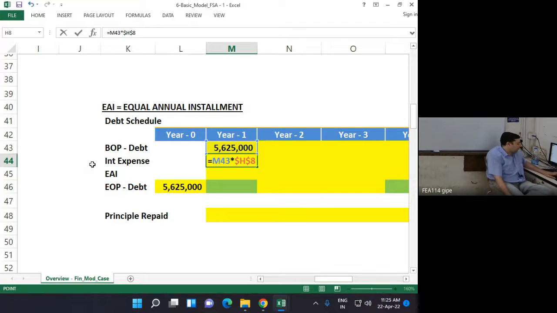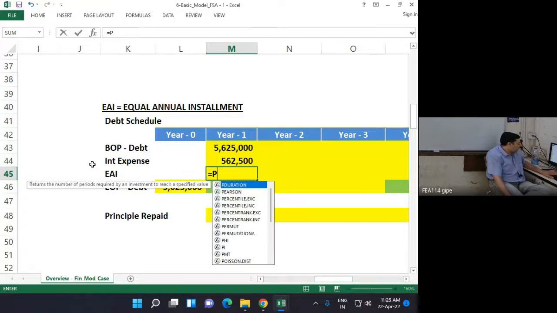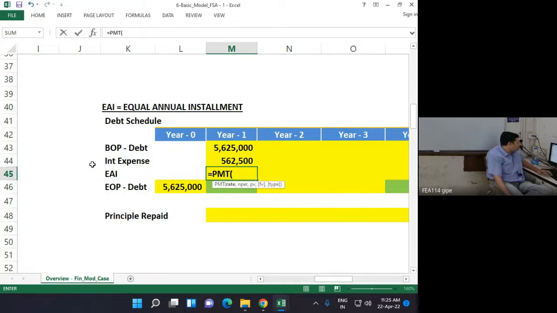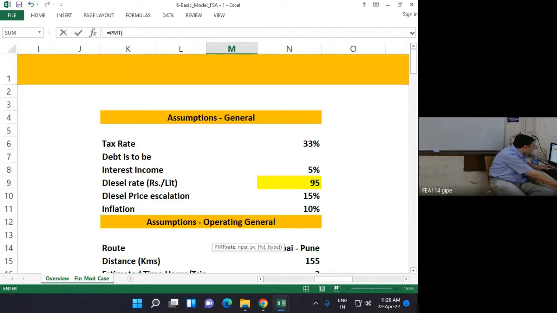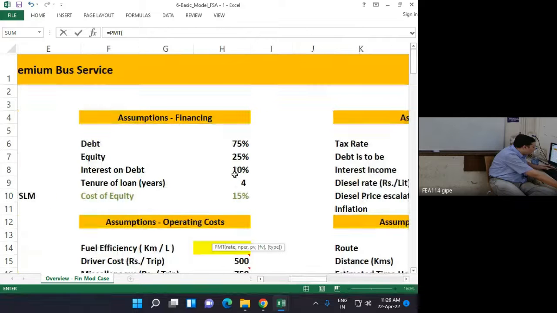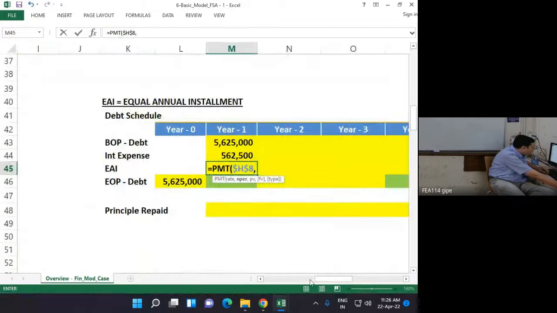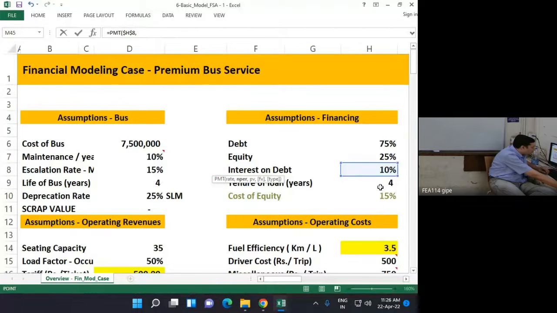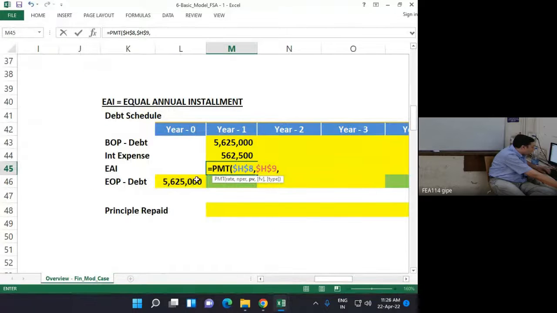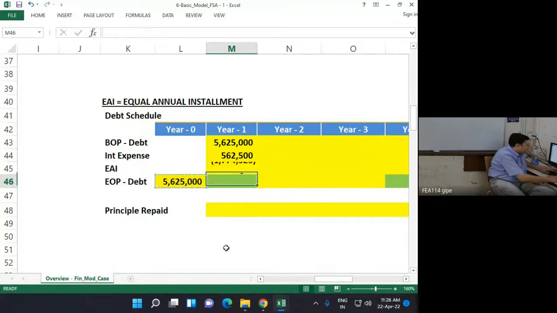Then EAI we will calculate using PMT. Rate of interest, we'll take it from above, 10%. Number of years, also we'll take it from above, 4. And loan taken 56 lakhs.